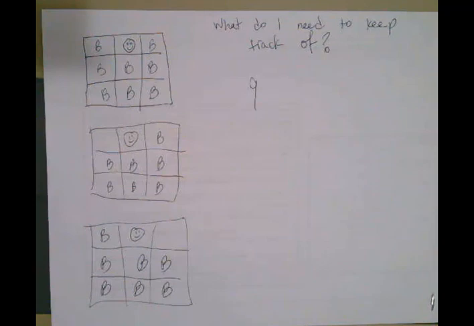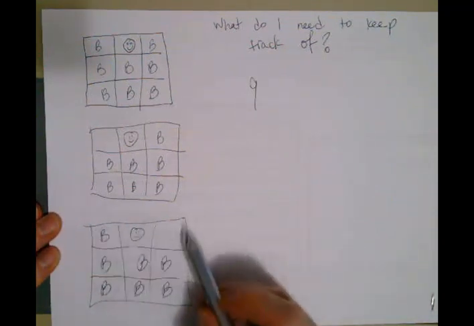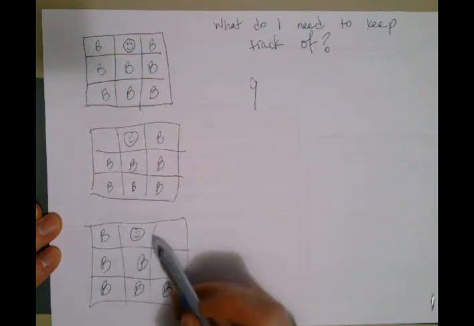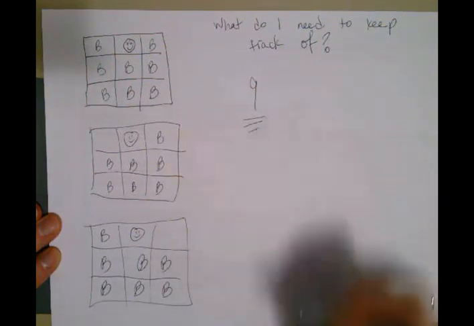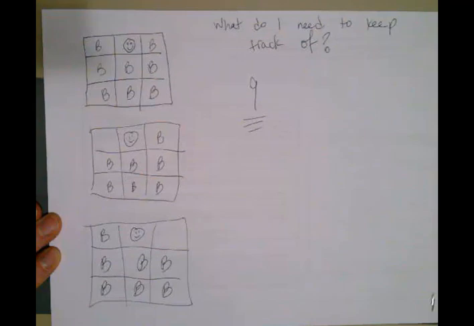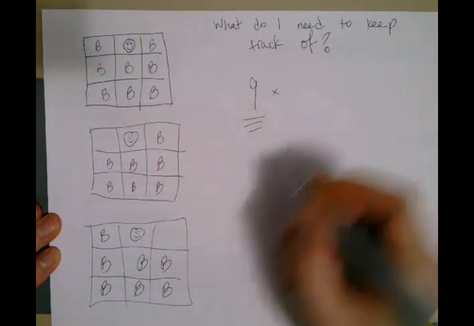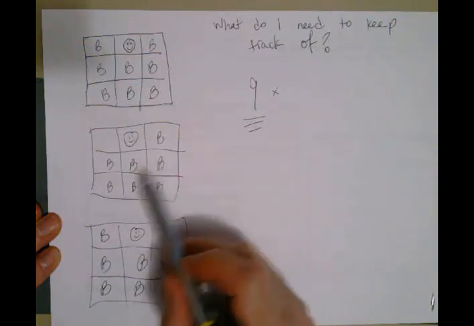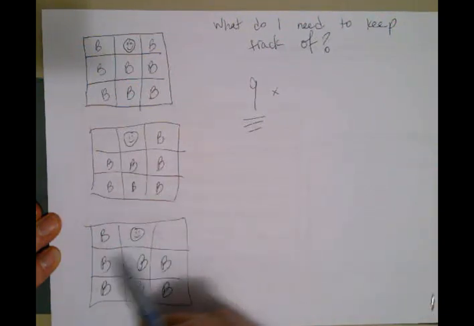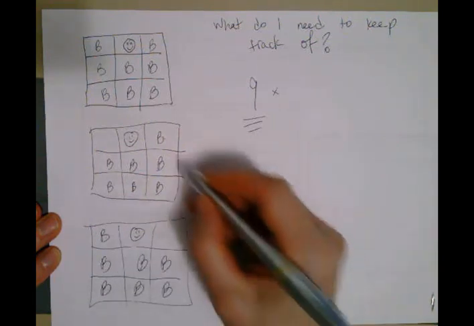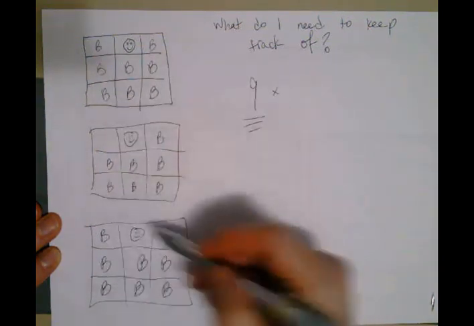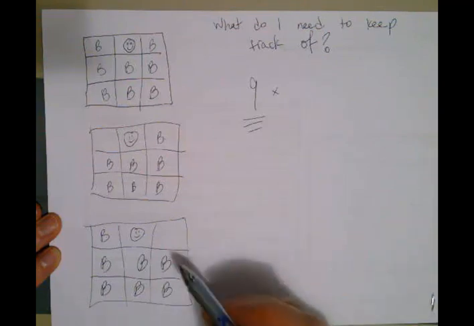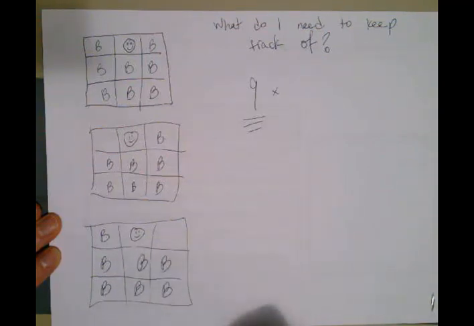So really, what do we need to know for a given state? We need to know which room the smiley face is in. That's our nine possibilities. But we need to multiply that by however many extra opportunities there are, however many of these we need to draw for every single situation where the smiley is in any particular space.